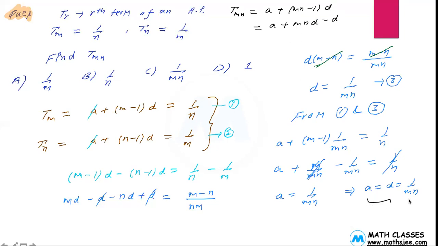Since a and d are the same, a and d will get cancelled out, and the value of d is 1 by mn. So this equals mn into 1 by mn, that is equal to 1. So we should have option D as the correct answer.